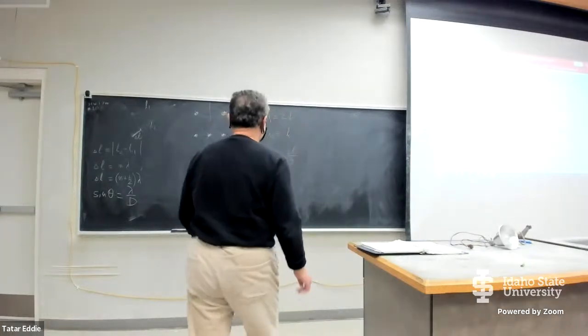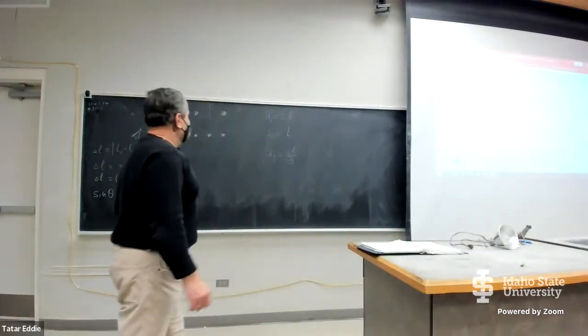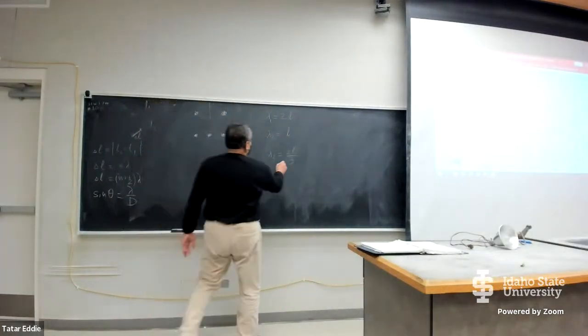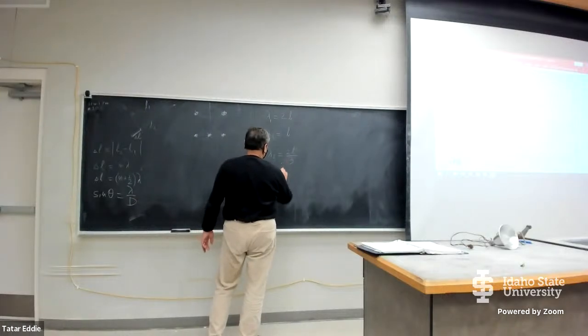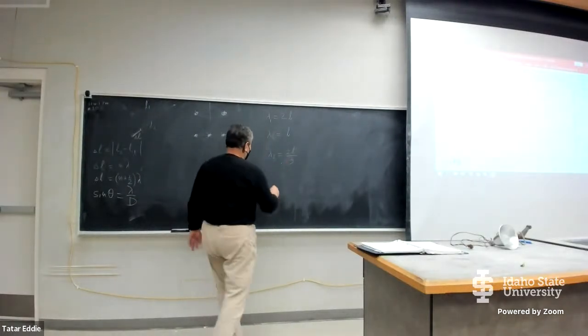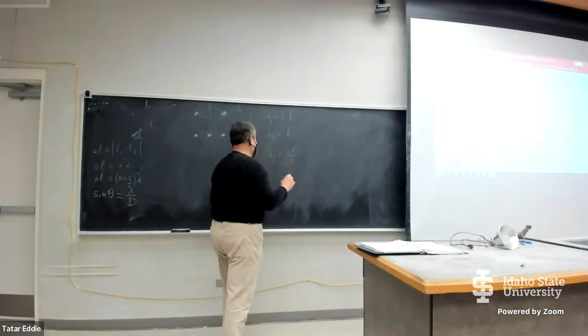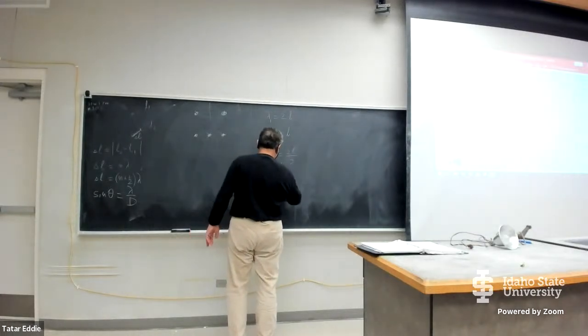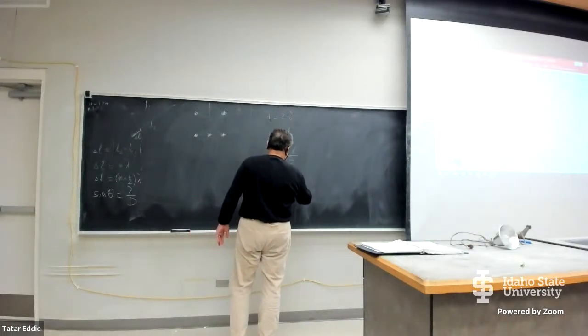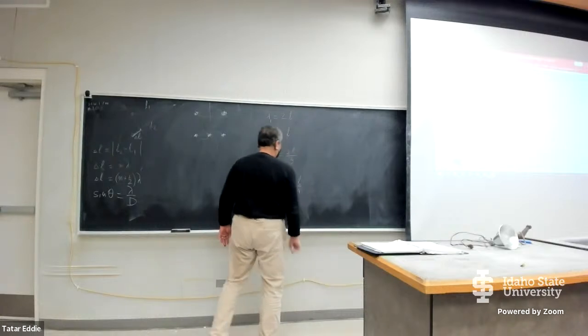And so on. The nth standing wave that you can observe in a string with 2 fixed ends is going to have wavelength equal to 2L divided by n.